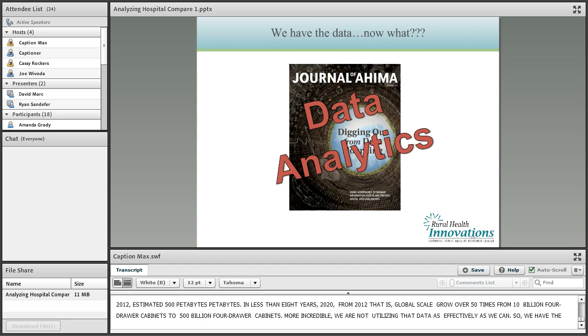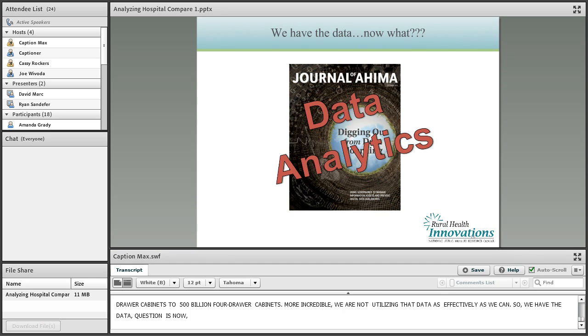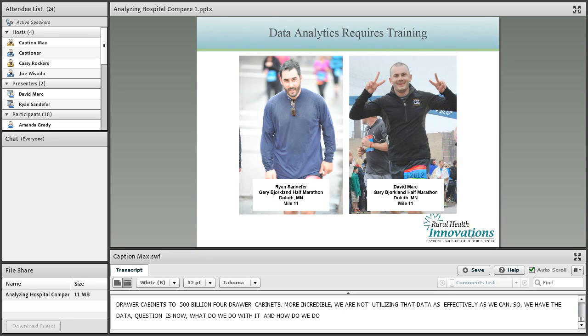And just to illustrate how big of a deal it is, in 2012 it was estimated that there were 500 petabytes of healthcare data globally. That's the equivalent of 10 billion four-drawer cabinets, for those of you who have recently converted from paper to electronic.